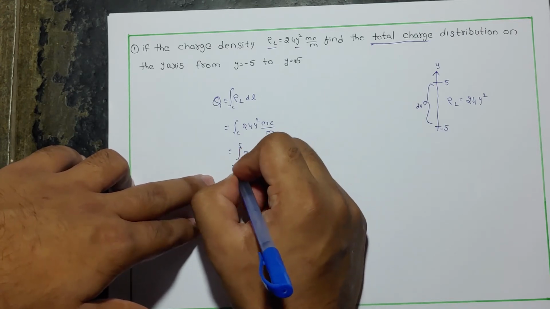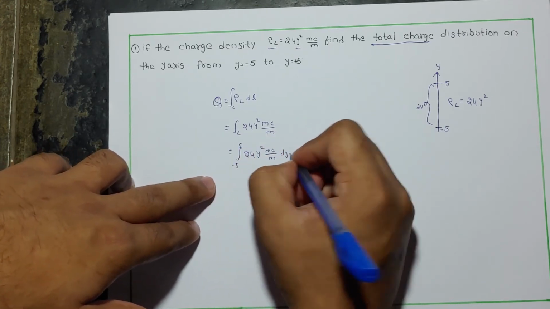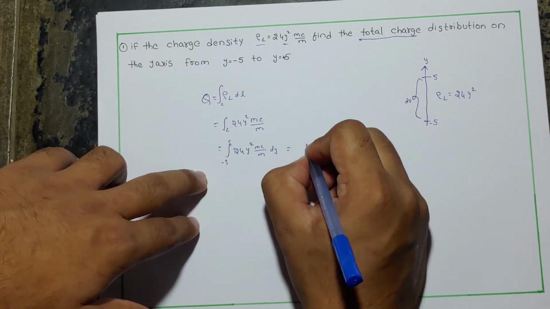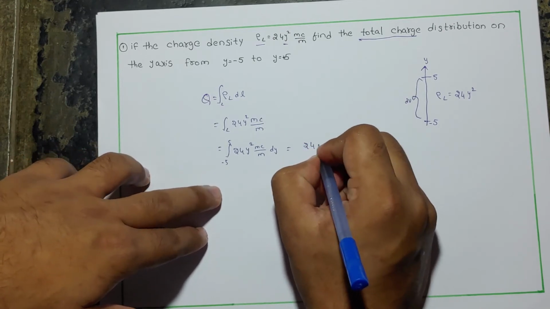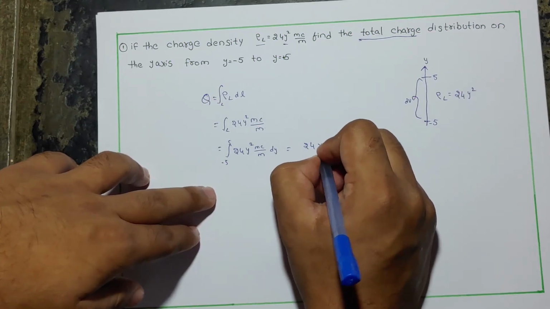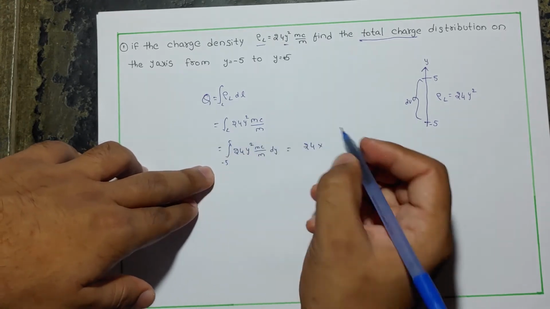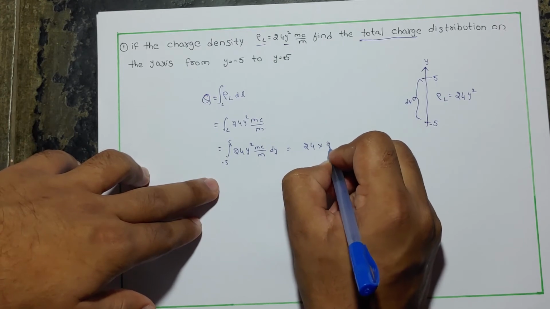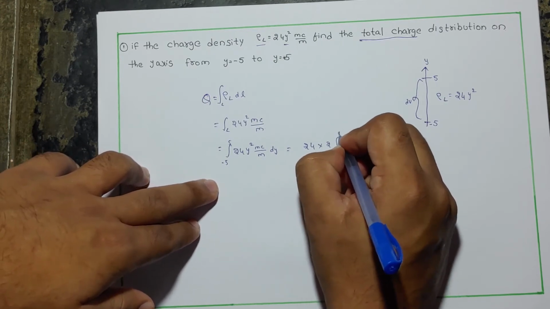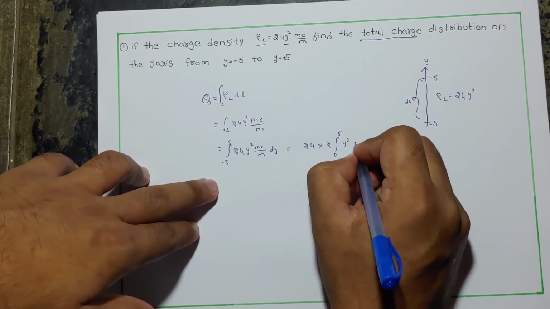As this is a differentiation with respect to y, 24 is a constant, and as this is from -5 to 5, let us replace it with 2 times the integral from 0 to 5 of y square dy.